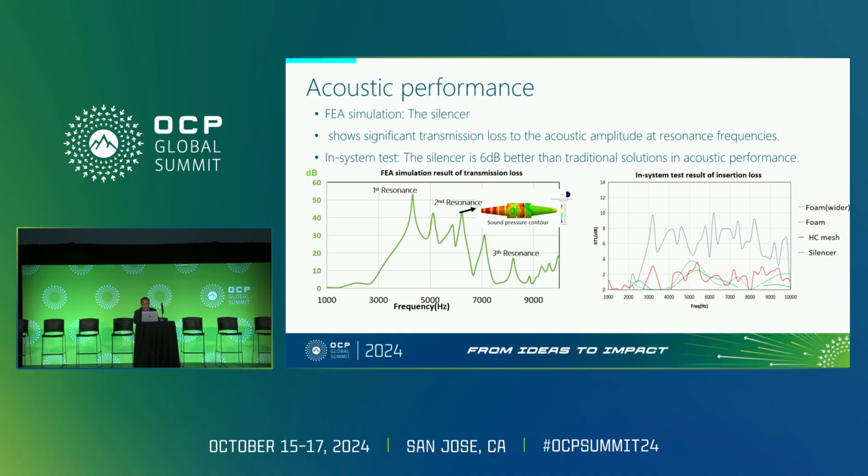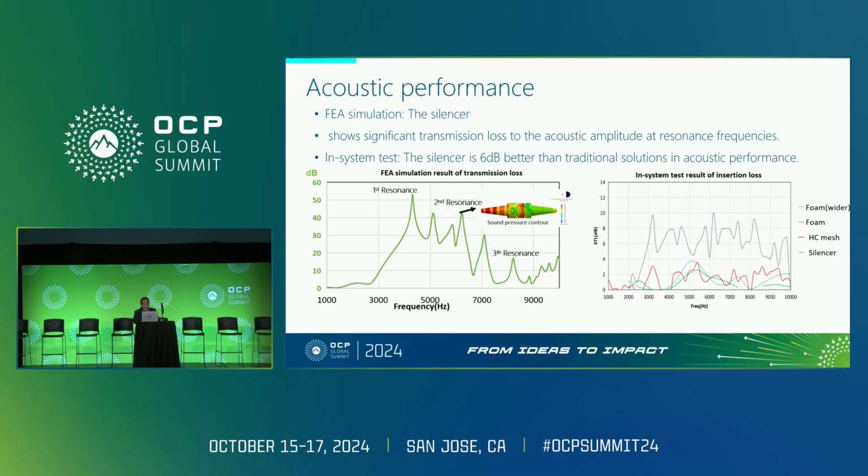It's important to note that a higher transmission loss signifies a more effective silencer within the system. The graph displays 3 distinct resonance peaks, with the additional peaks considered side effects of the primary resonances.